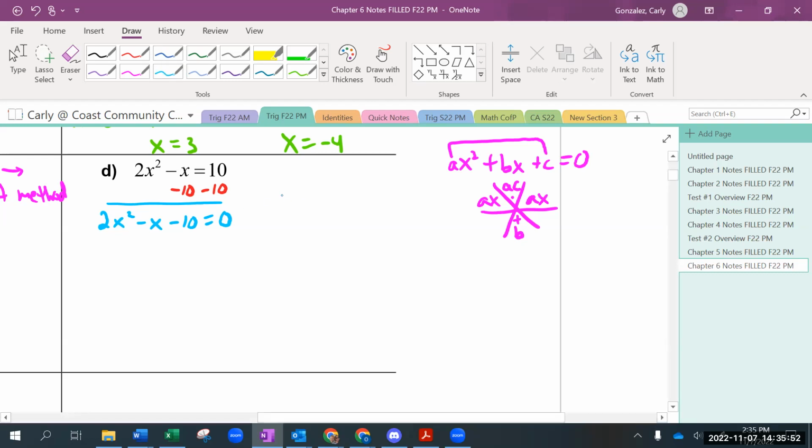So in this case, I'm going to multiply a and c. So I multiply 2 times negative 10 to get negative 20. And that's what goes on top, what multiplies to negative 20 and adds to negative 1. So we play around with it and we come up with 4 and negative 5. Now this is the tricky part.